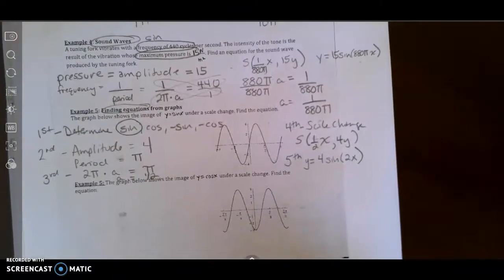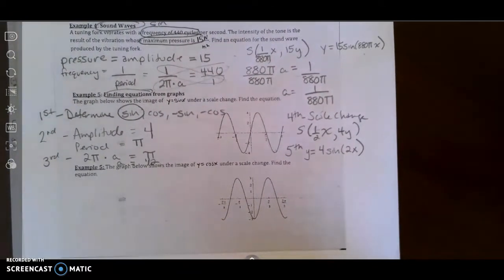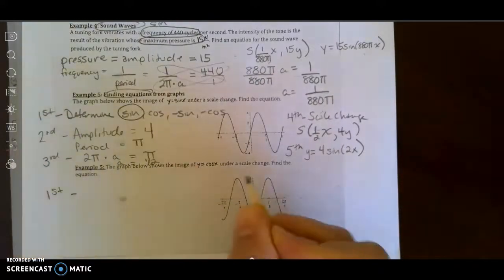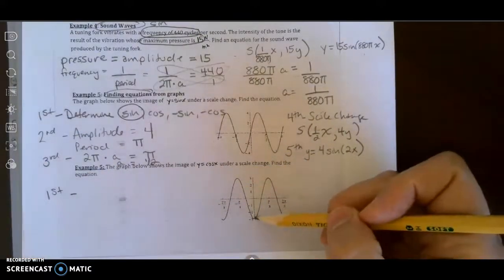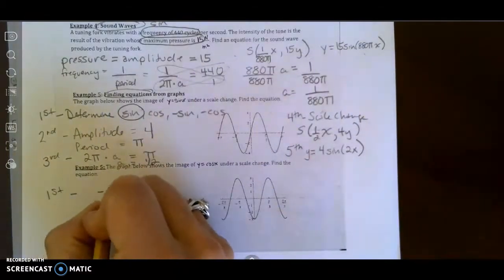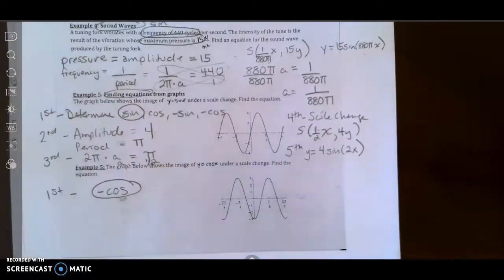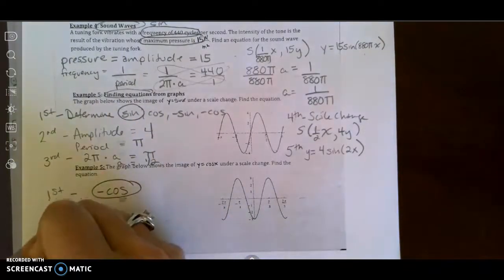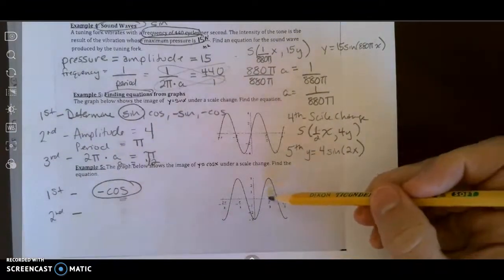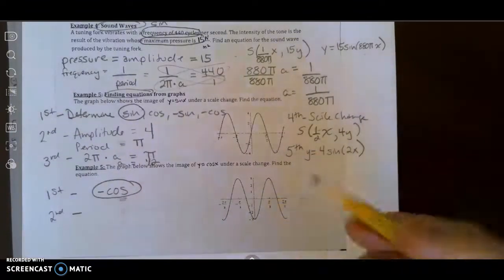Right, I'm going to follow my steps here. My first step is to determine my equation. It says cosine, but actually it's an upside down U, so this must be a negative cosine equation. My second step is to determine my amplitude, up 3 and down 3.